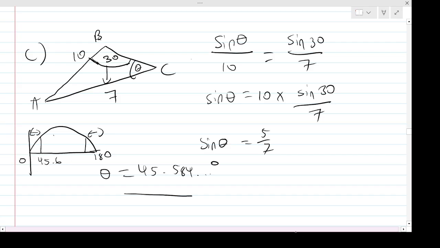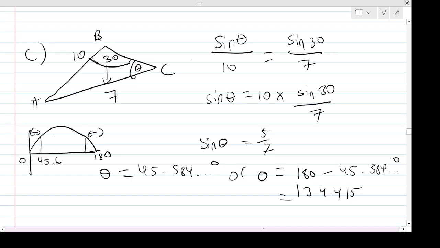So the other solution is going to be 180 take away this 45.584, which I worked out. So it's going to be 134.415... degrees. Okay, so I've got two values of theta.